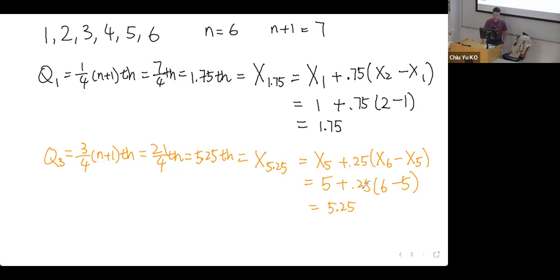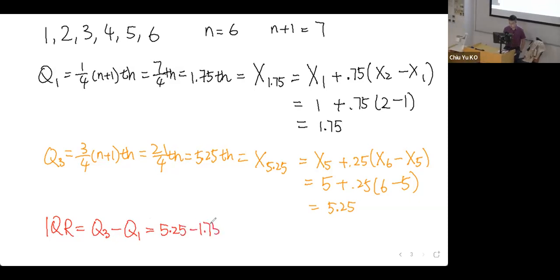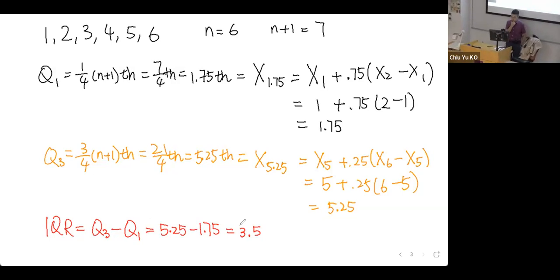So probably you can tell me what the IQR is. It's easy now: IQR is Q3 minus Q1, which is 5.25 minus 1.75, and that is 3.5. That should be right. So that would be the answer.